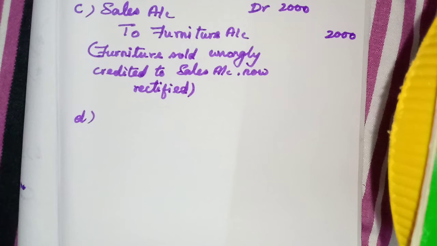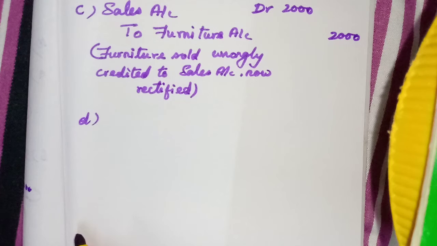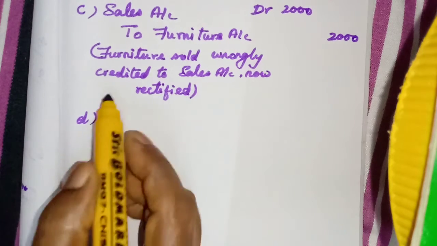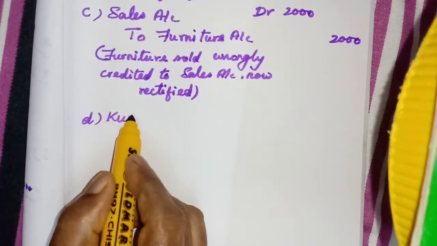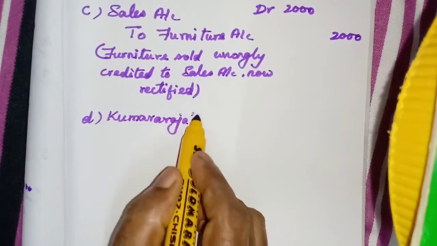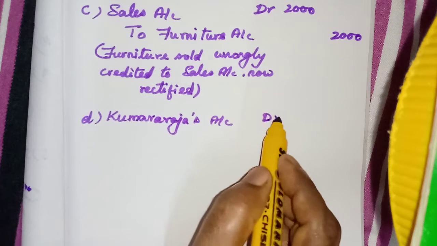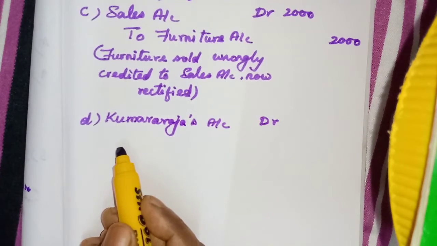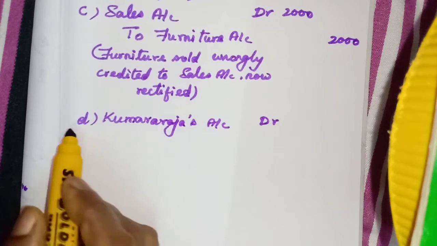Cash account debtor to Kumar Raja. Goods sold to Kumar Raja for cash. If we sell goods for cash, cash account debtor to sales. Sales should have been credited, but we have written Kumar Raja. So Kumar Raja's account must be debited. What we have to credit? Sales account.